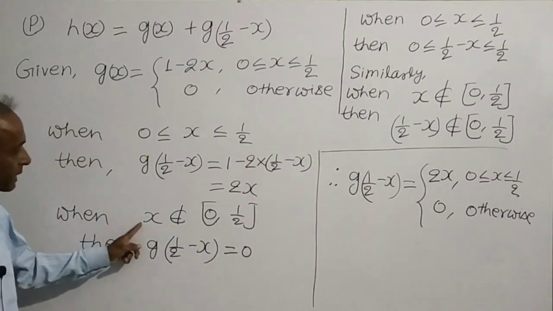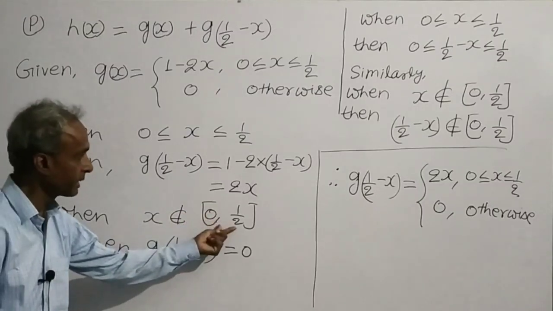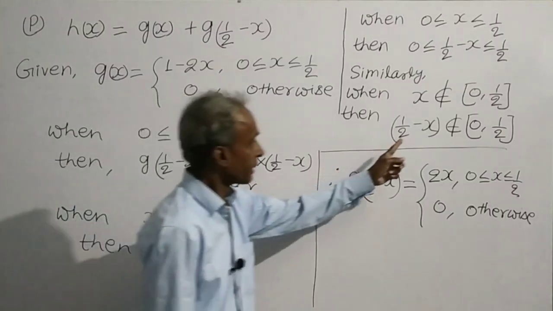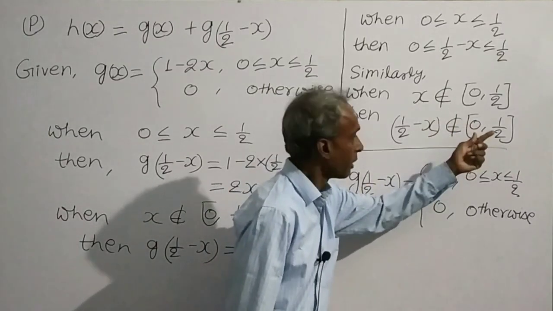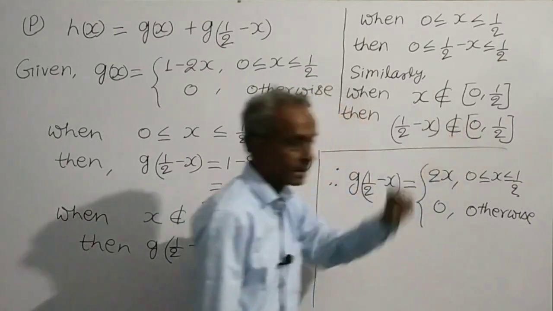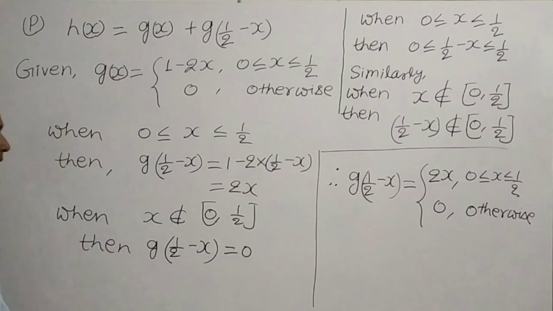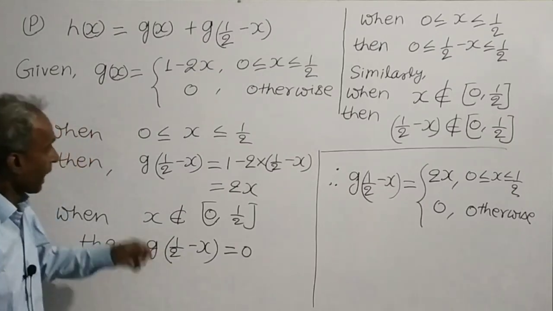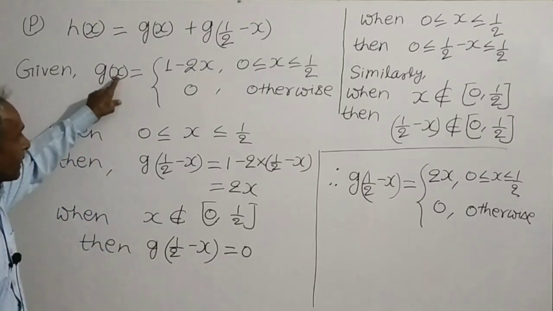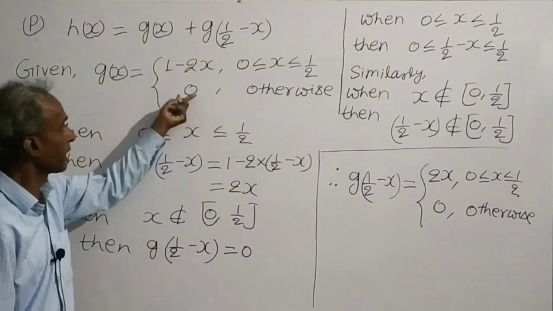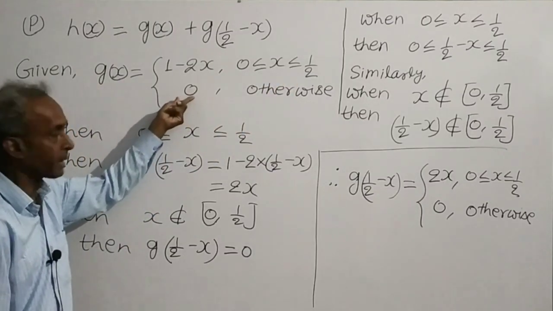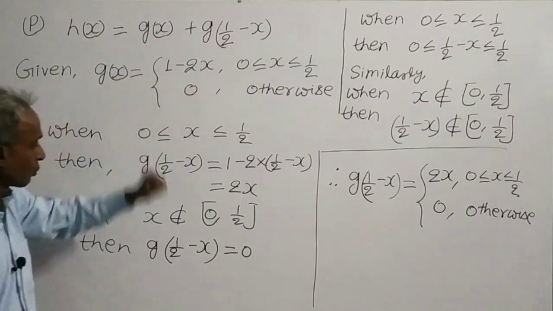And when x does not lie in this interval, then 1 by 2 minus x also does not lie in this interval. And when the number written here does not lie in this interval, then the function will be written according to this rule.